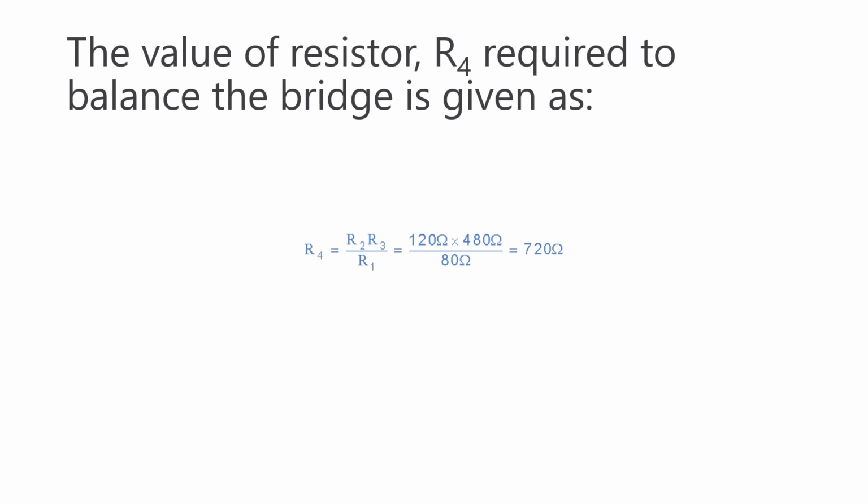The phase angles of arms 1 and 4, theta 1 plus theta 4, must be equal to the phase angles of the second and third arms, theta 2 plus theta 3. Therefore, for the balance of an AC bridge, the products of magnitudes of the opposite arms must be equal, and the sum of the phase angles of the opposite arms must be equal. These are the conditions for a bridge to be balanced.